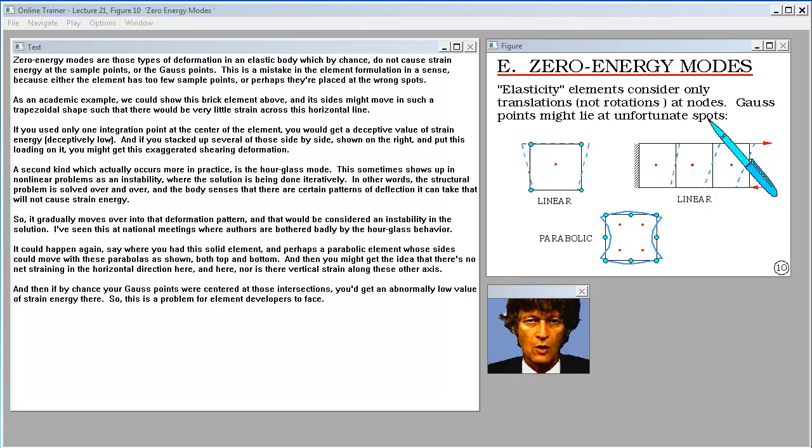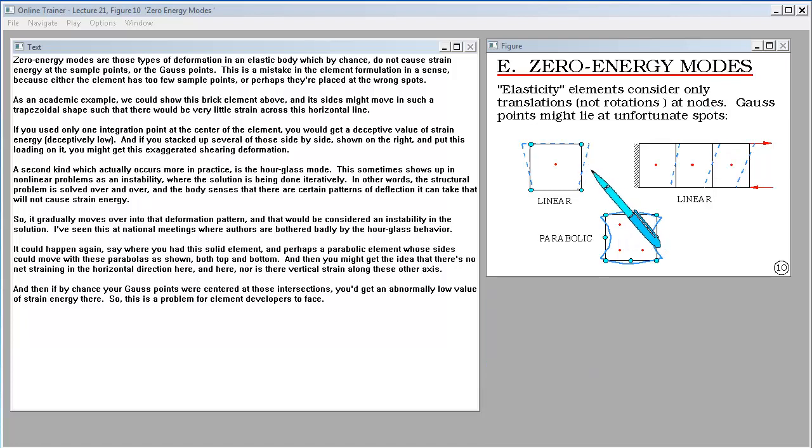Zero energy modes are those types of deformation in an elastic body which by chance do not cause strain energy at the sample points or the Gauss points. This is a mistake in the element formulation in a sense, because either the element has too few sample points or perhaps they're placed at the wrong spots.